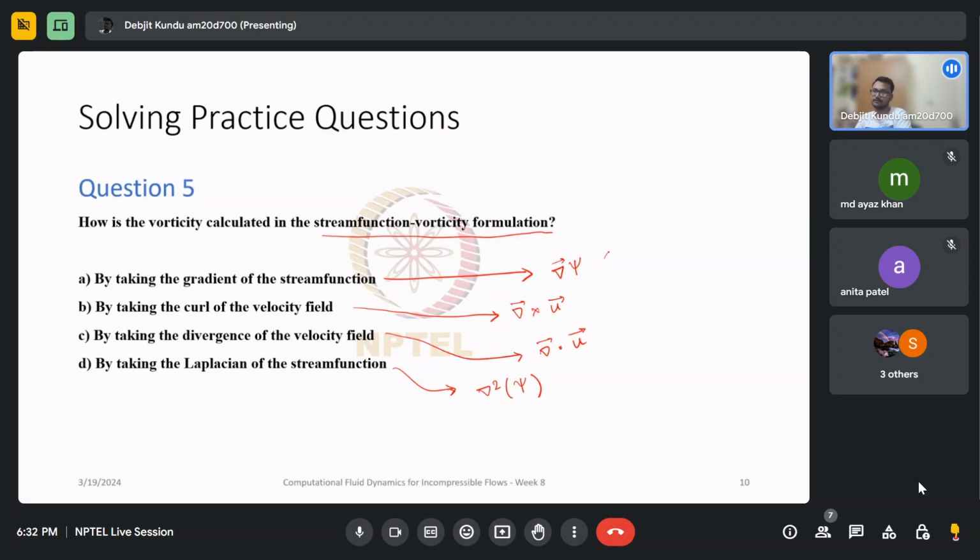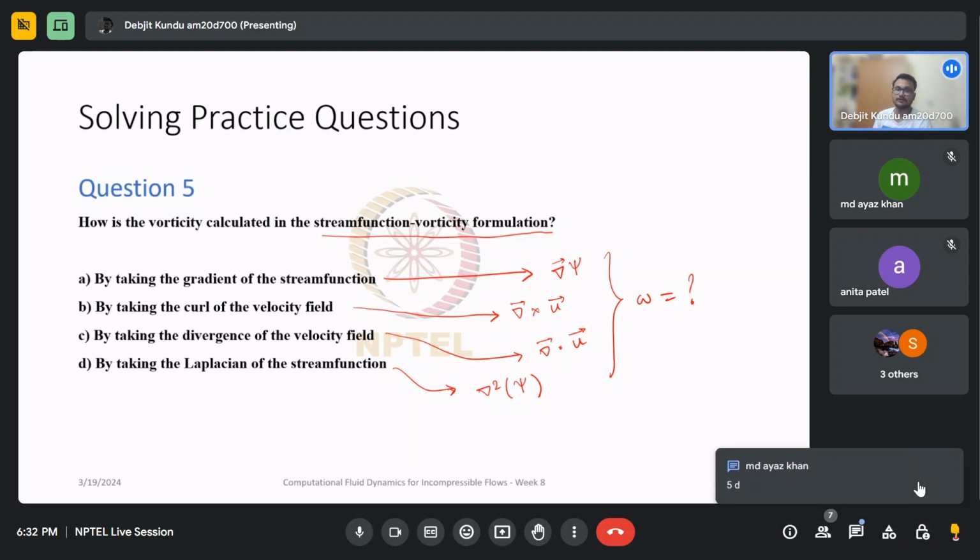How is vorticity calculated in the stream function vorticity formulation? I've written the mathematical forms of the options, which are written in words, of course. If you have any doubts, you can always ask.